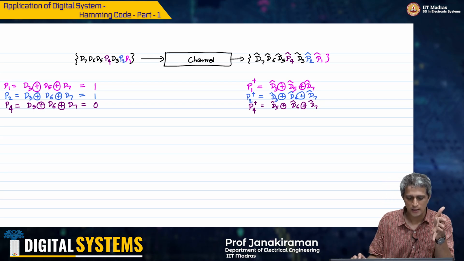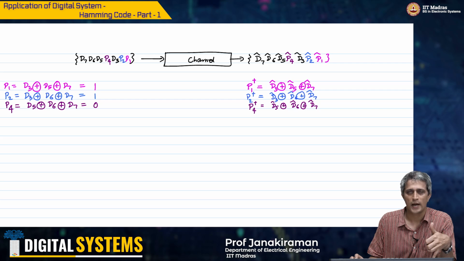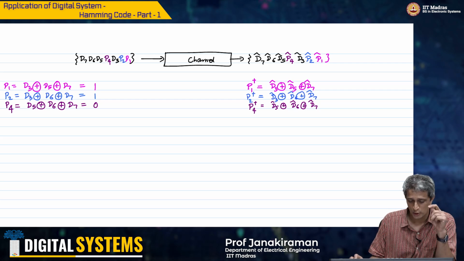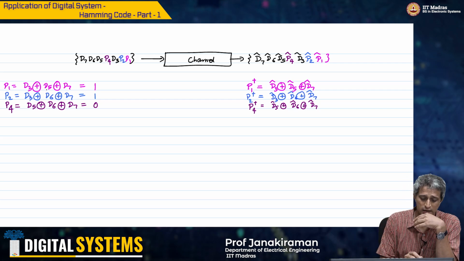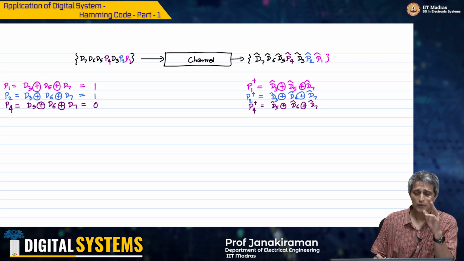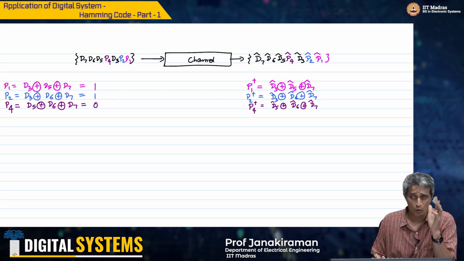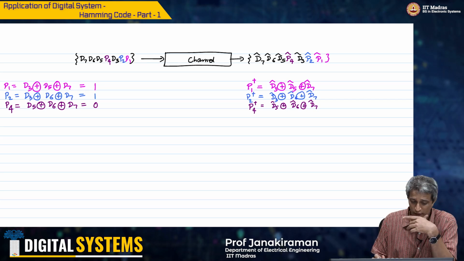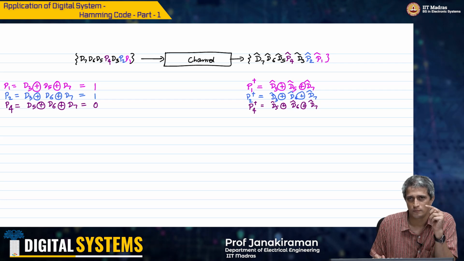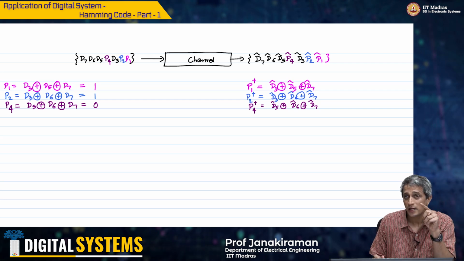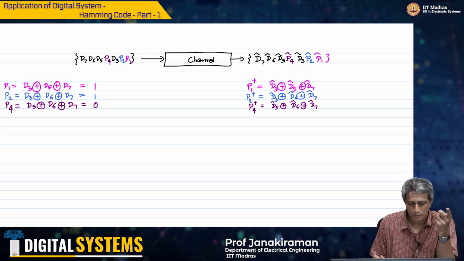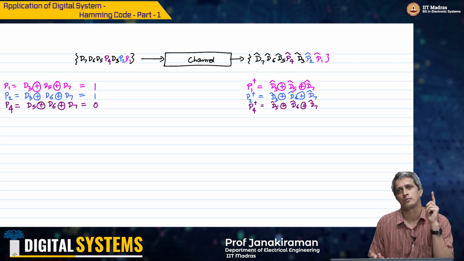If you look at P1, P2 and P4, there is D3, D5, D7. So let us assume for now that D5 happened to be in error. Now if D5 is in error, the parity value will change for P1 and P4.